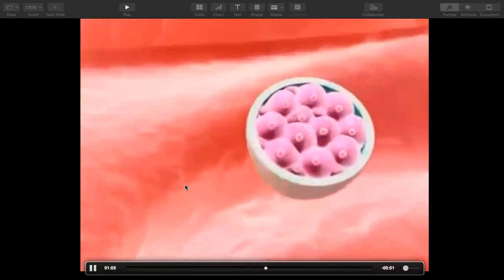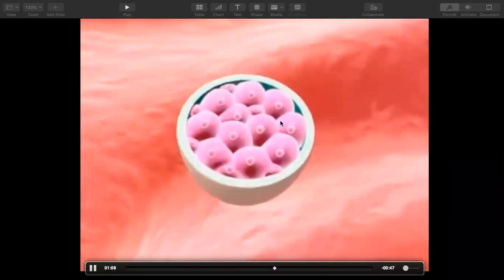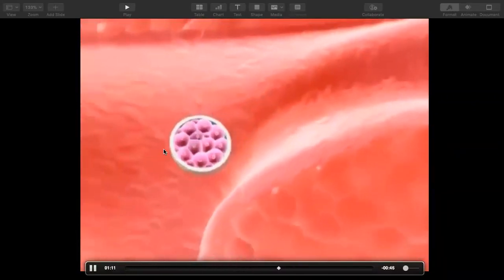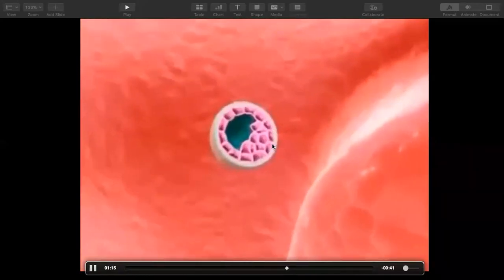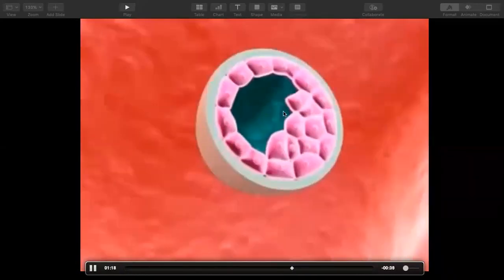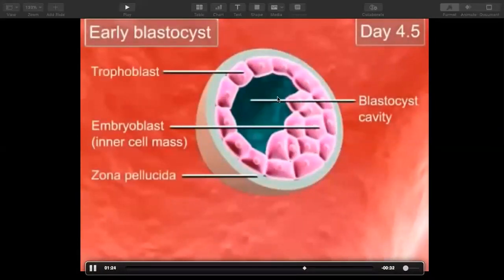How? The uterine fluids start accumulating inside and push some of the cells to the outer coat. These outer coat cells are called trophoblast, and the cells accumulated at one corner are called embryoblast, and the cavity is called blastocele.